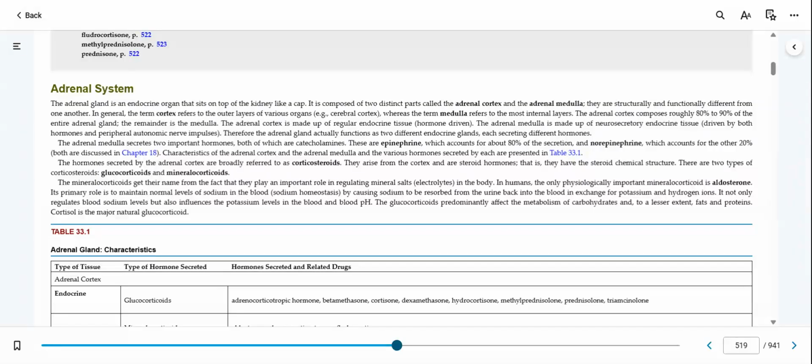The undersecretion, or hyposecretion, of our adrenocorticoid hormones results in a condition known as Addison's disease. This one's associated with decreased blood sodium and glucose levels, increased potassium levels, dehydration, and weight loss. A combination of a mineralocorticoid and a glucocorticoid is usually used for treatment of Addison's disease.